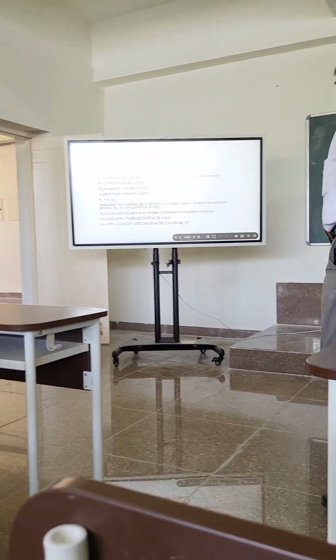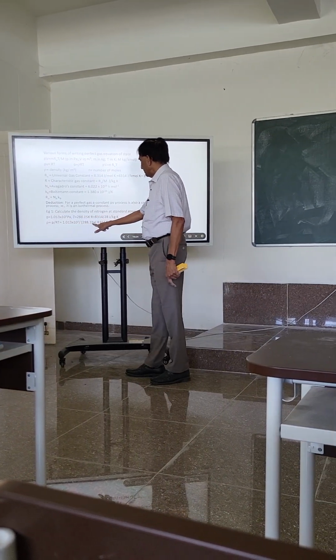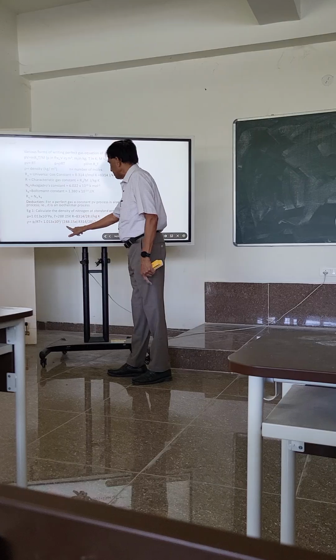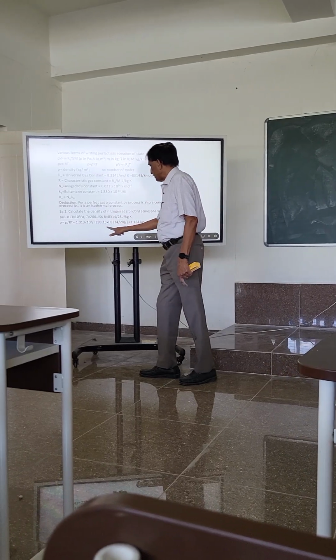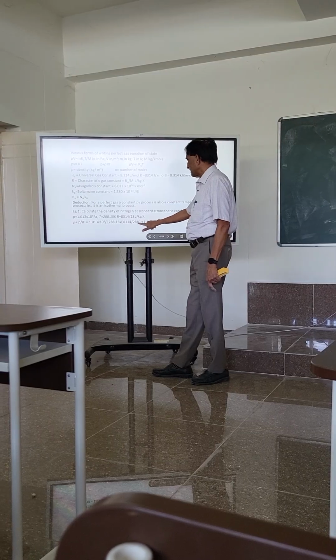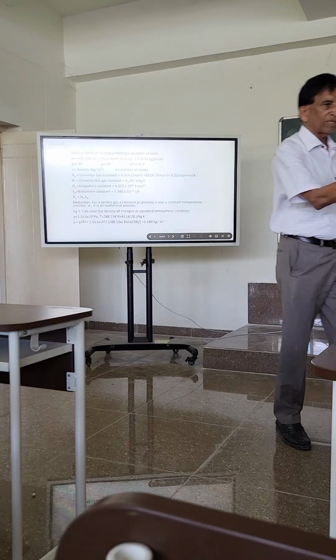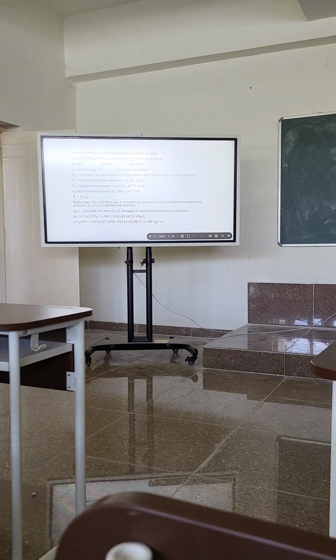So it will be 1.013 times 10 to the 5 divided by temperature 288.15, R is 8314 by 28. Calculate and check whether that number is correct.